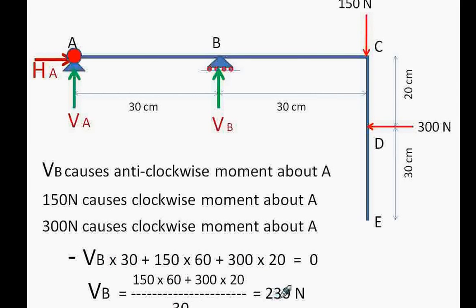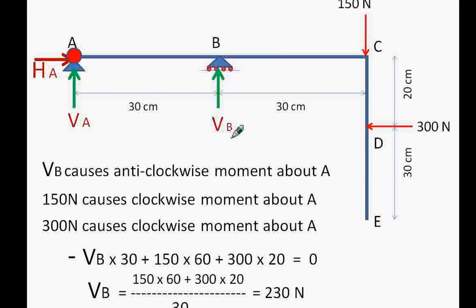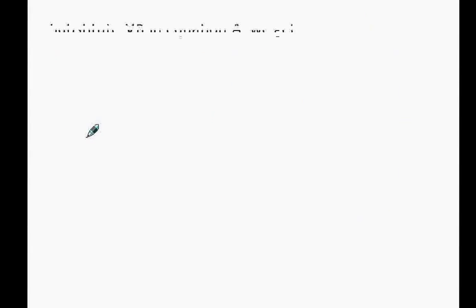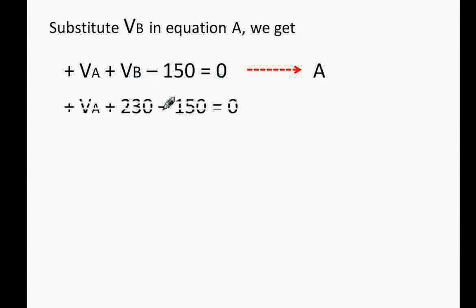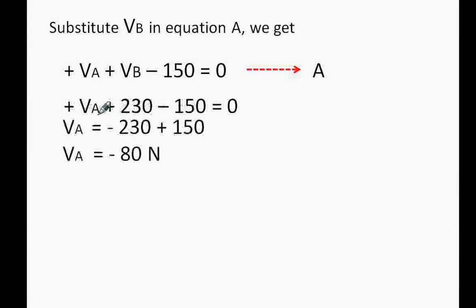So the VB reaction is 230. It is not asked to calculate, but anyway we have calculated VB equal to 230, and only then can we calculate VA. If I apply VB in equation A, which is VA plus VB minus 150 equal to 0, and substitute VB as 230, I get VA equal to 230 minus 150.